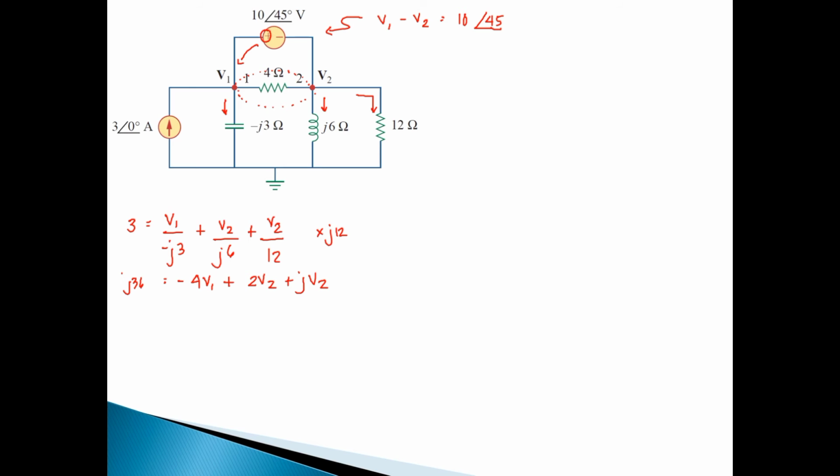So, simplifying, we'll have 4 V1 minus 2 V2 minus jV2 equal to negative j36.